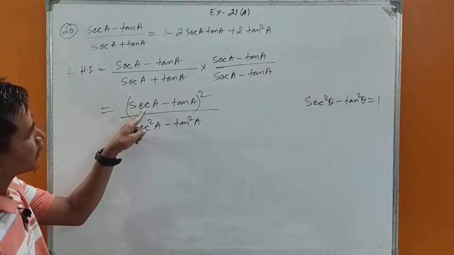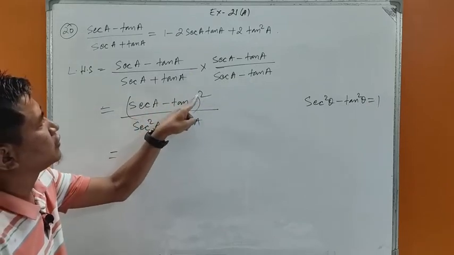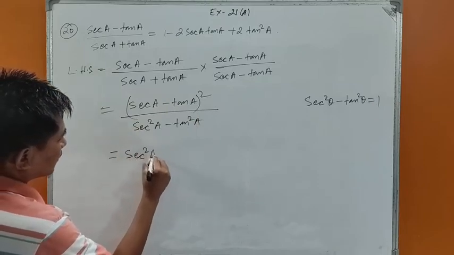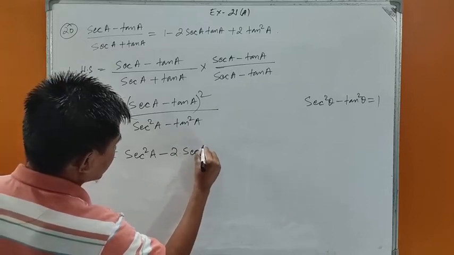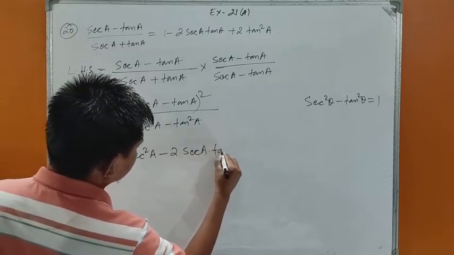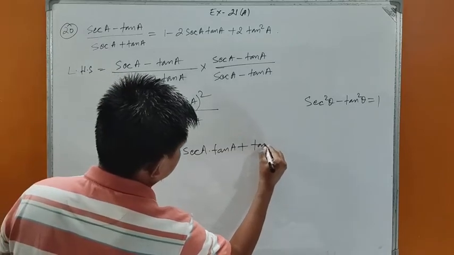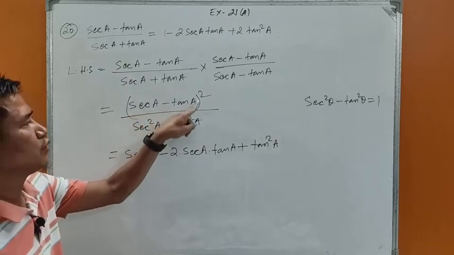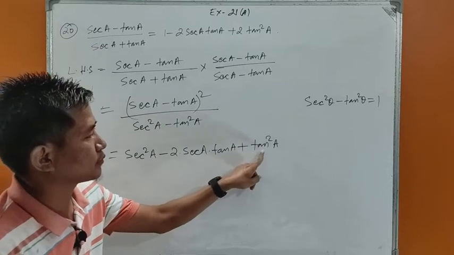In the numerator, A minus B whole square means A square minus 2AB plus B square.